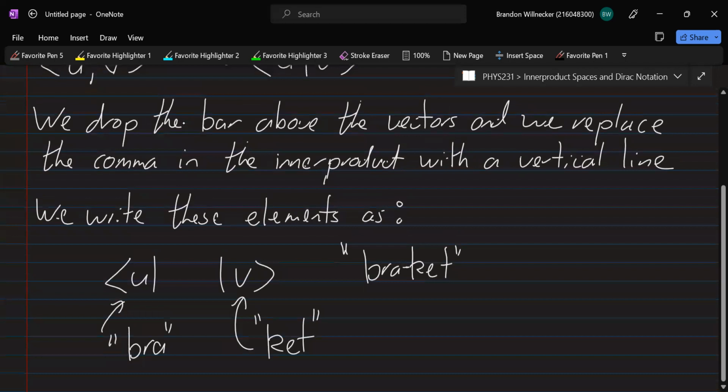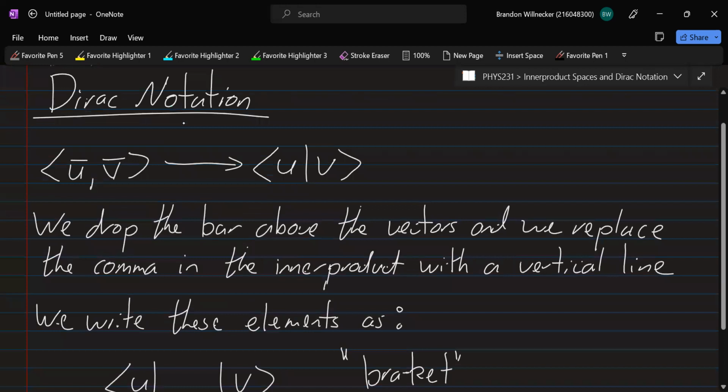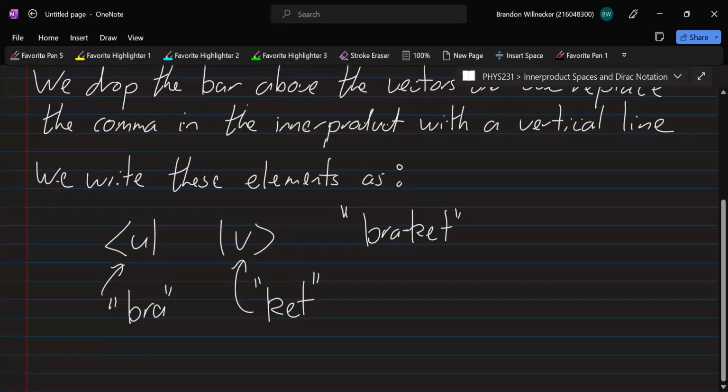It's now together. But this is very different to what we had before, where u and v were both from the same vector space, and the inner product was simply an operation on the vector space. Now, these elements u and v are from separate spaces.